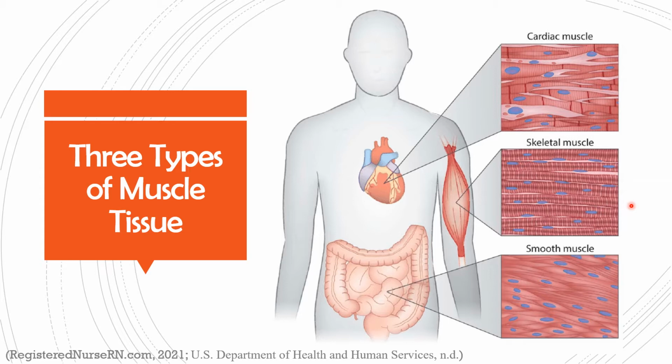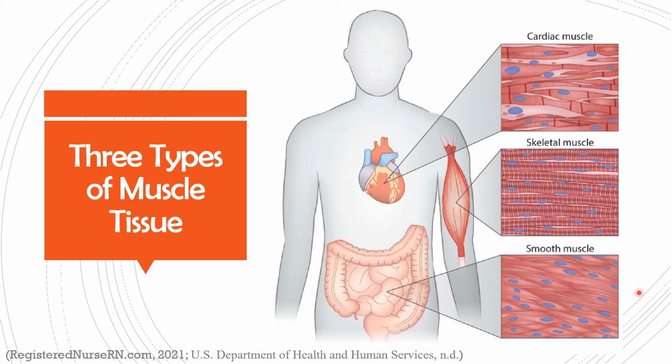voluntary movement. When we talk about smooth muscle, which is the bottom picture here, that's going to be found in the hollow internal organs, such as your blood vessels, your intestinal tract, your bladder, and your uterus. And these are controlled by the autonomic nervous system. The smooth muscle can't be controlled consciously, and that means that it acts involuntarily.